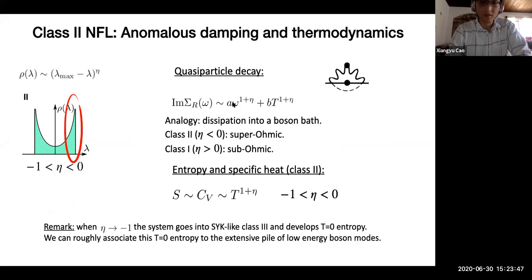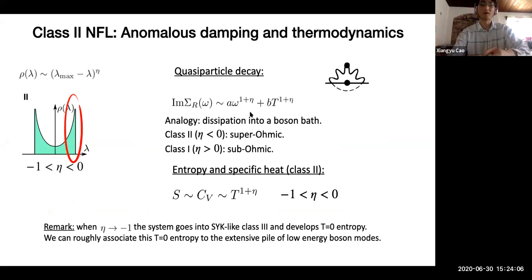Now, as I said, for this non-Fermi liquid, you have a quote unquote quasiparticle decay, which is much faster than temperature, and it's a bit like a coupling to a super ohmic boson bath.